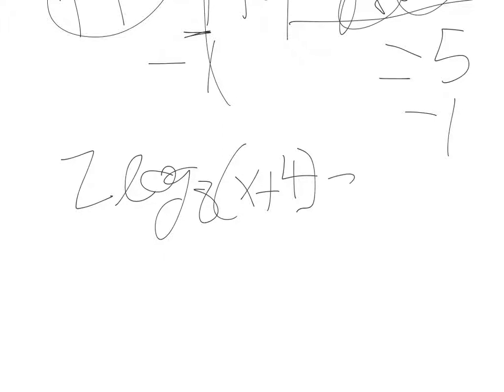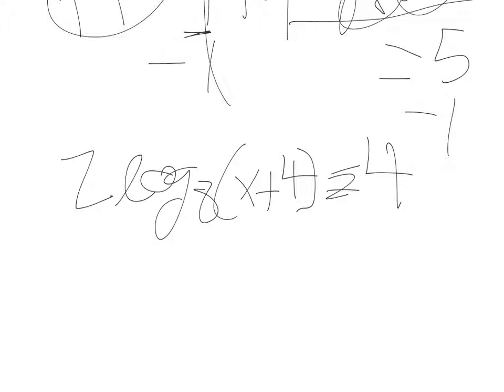Alright, so just like the last set of problems, the first thing we need to do is get our logarithm by itself. So don't even worry about the base being 8, and don't even worry about what's going on in the parentheses. Our first goal is to just get everything else to the other side. So over here I see a positive 1, so I'm going to subtract 1 from each side. That's going to leave me with the resulting equation of 2 log base 8 of x plus 4 is equal to 4.